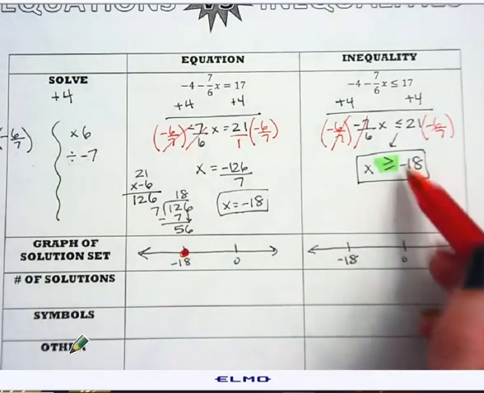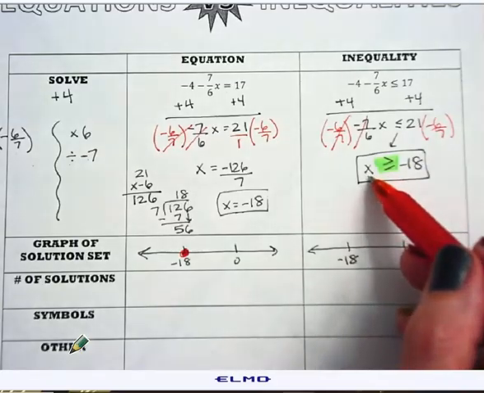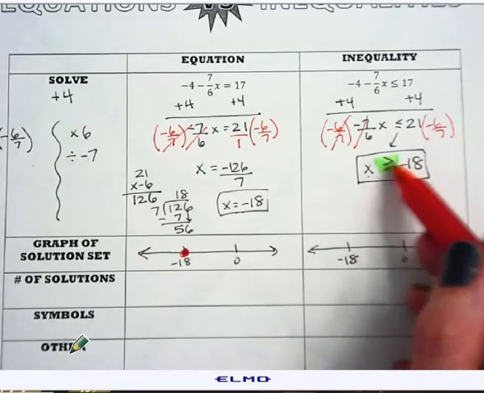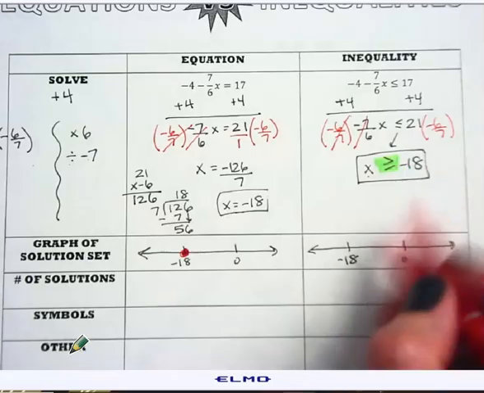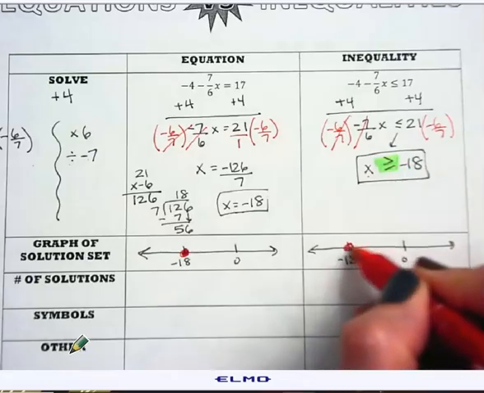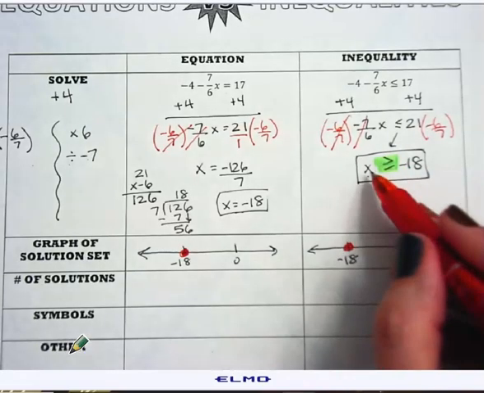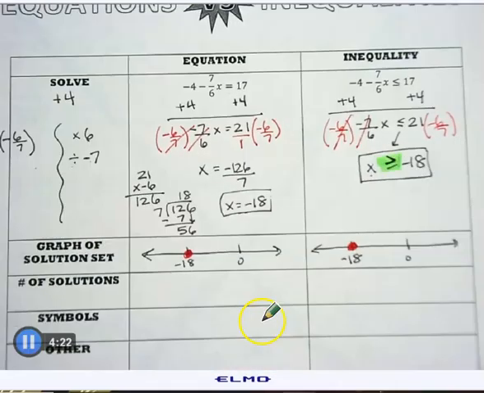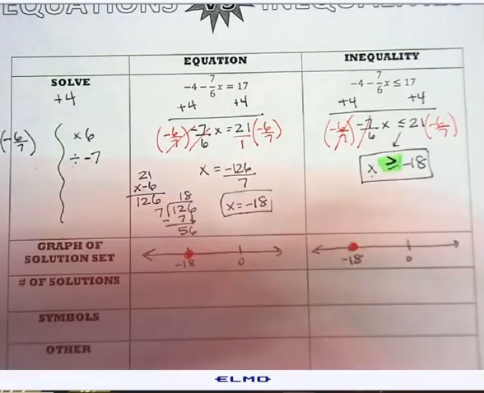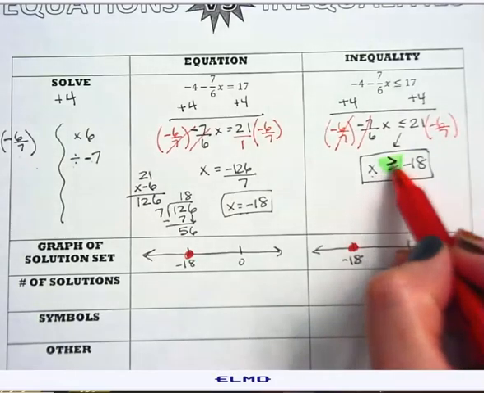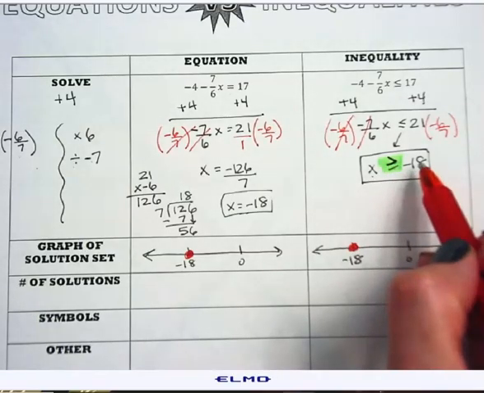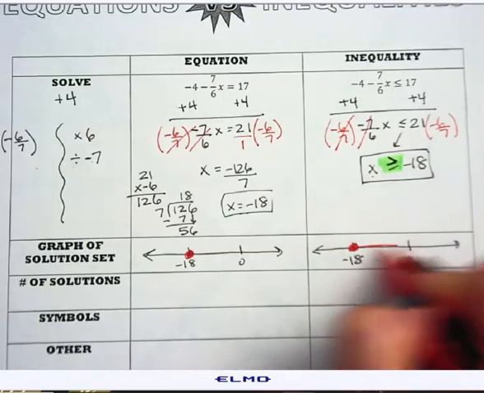But for the inequality, x represents all the numbers that are bigger than or equal to negative 18. So we still have the closed circle, but all the numbers that are bigger, remember this, so we're going to shade this way.